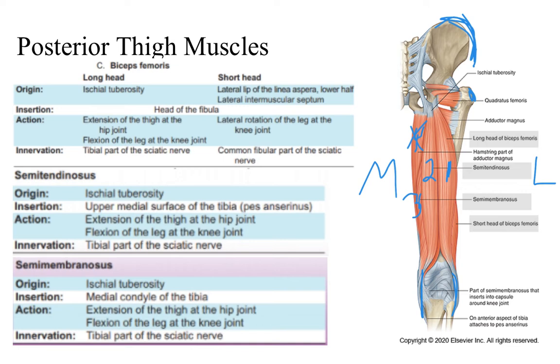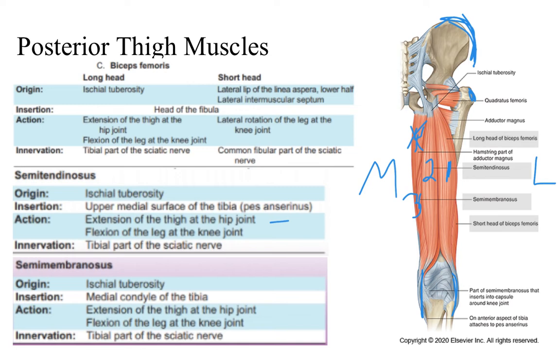So these are our knee flexors. They have some role in extension of the thigh at the hip joint, but primarily they're used as knee flexors. And remember, the sciatic nerve that runs through here supplies the muscles of the posterior leg in general, not just the thigh but the lower leg too, with innervation.